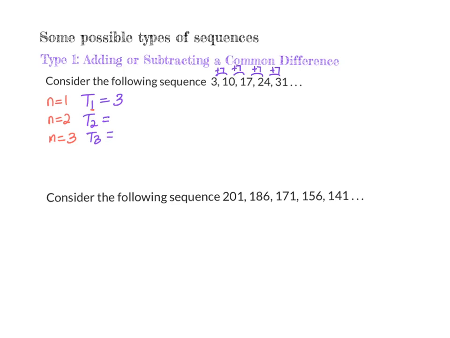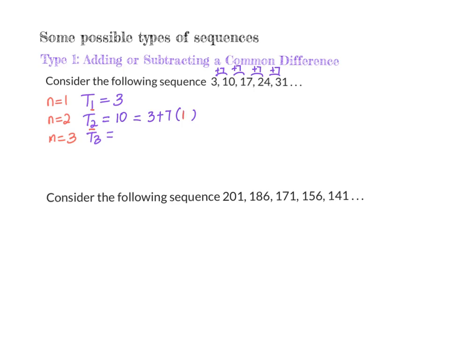And then when it's T2, I get the number 10. How did I get 10? I got the number 10 by taking 3 plus 7. How many times have I added the 7? I added the 7 one time.